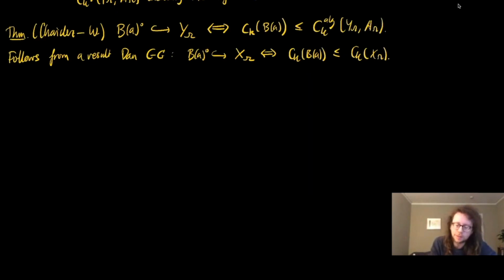Okay, and in general, there's something special about a ball, but it's not too special in the sense that this also holds if you replace a ball with any star-shaped domain.